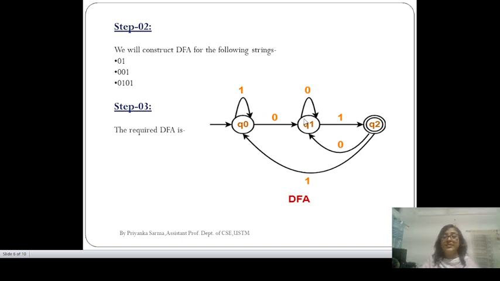And the third symbol is again 0, so Q2 can accept 0 and move to the Q1 state. And the last symbol is 1, that means Q2 can accept 1 and move to the Q0 state. That means this machine is true for the string 0101.